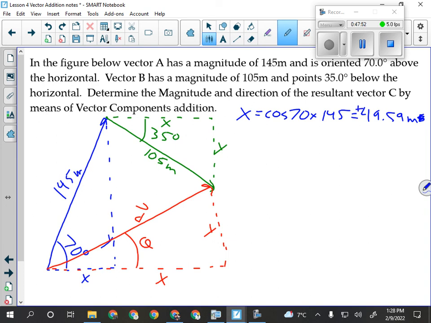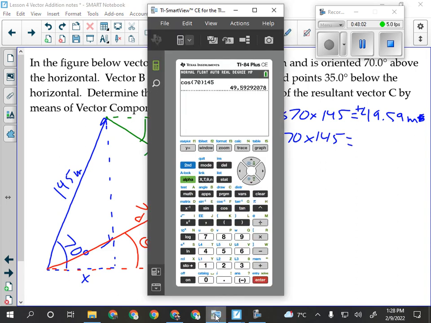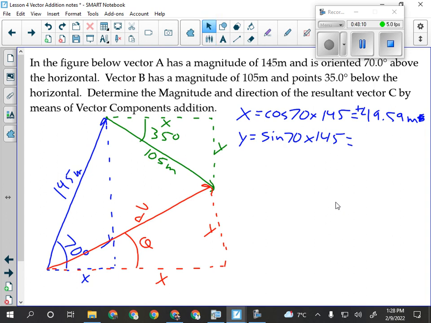So that's the positive x-axis going that way. And then our y component is the opposite side, so sine of 70 times 145, and it gives us 136.255 meters, and that's also going to be positive because it's up.